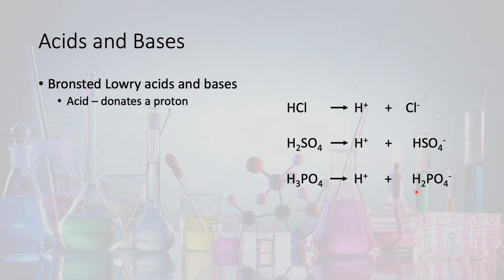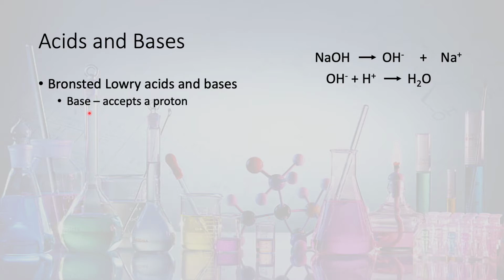And if you look closely, you'll notice that this molecule, H2PO4 negative, still has two hydrogens attached to it. Under the right circumstances, these hydrogens can also be donated to solution. So H2PO4 negative can liberate another proton or another hydrogen ion, and then be accompanied by its conjugate negative electrolyte here, HPO4 negative 2.